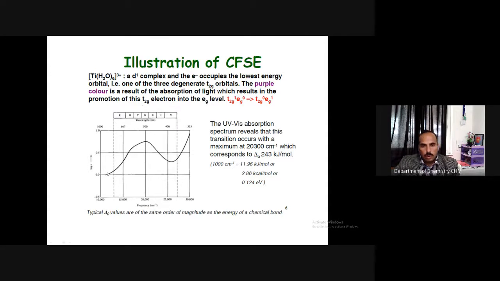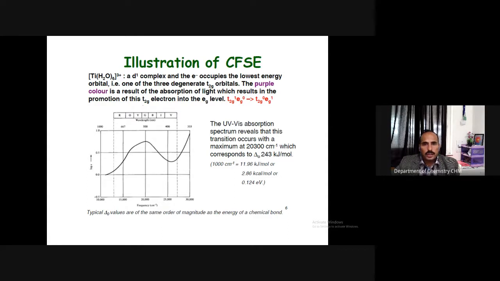If you just record the spectra, you know at what energy this excitation is taking place. You can see this is a broad spectra, but the maxima is at 20,300 centimeter inverse, or basically somewhere around 510 or 520 nanometer.